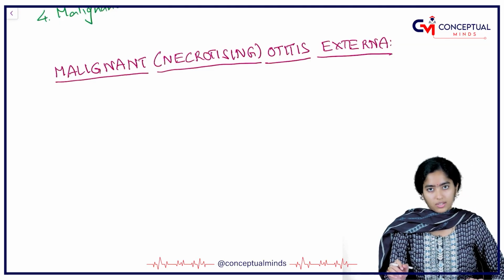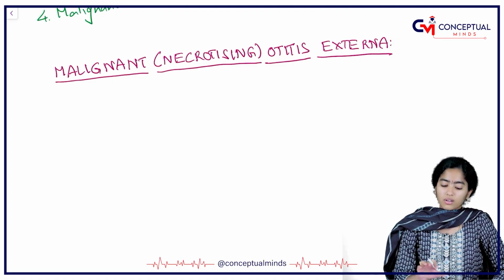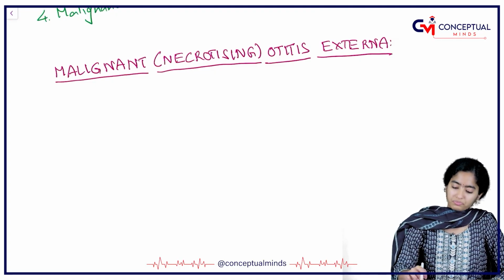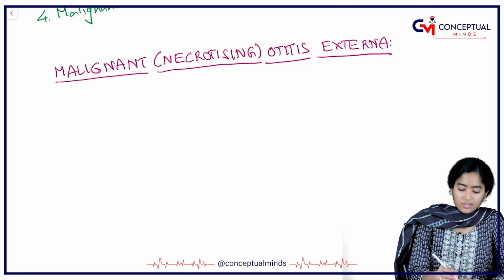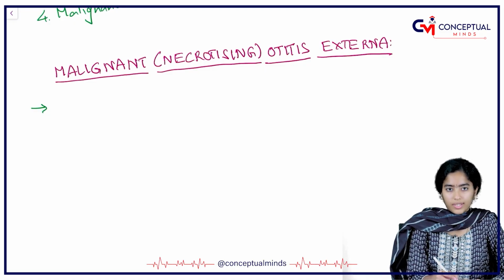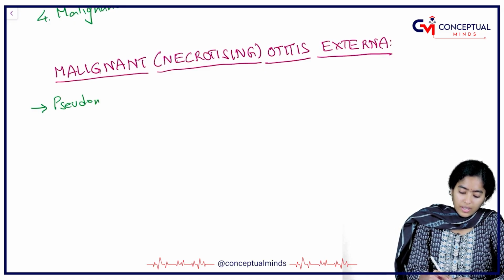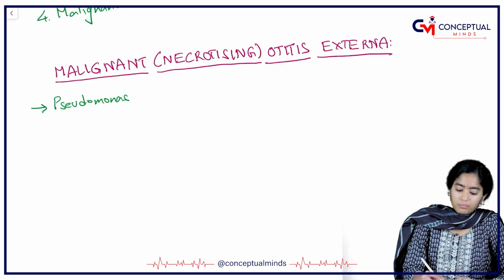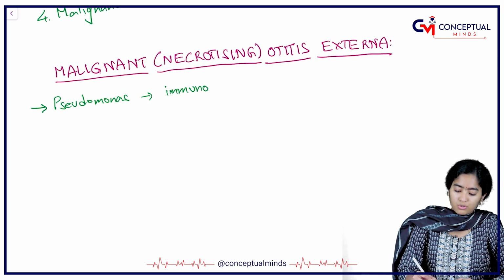It's not a neoplastic condition, it's an inflammatory condition only. Just to indicate the severity of the disease, the word malignant has been used. So what is malignant otitis externa? It is also inflammation of external auditory canal only, but it is caused mostly by Pseudomonas in immunosuppressed individuals, immunocompromised individuals.